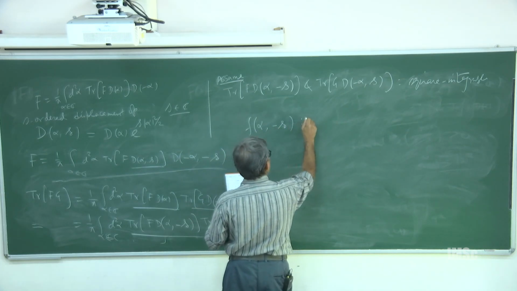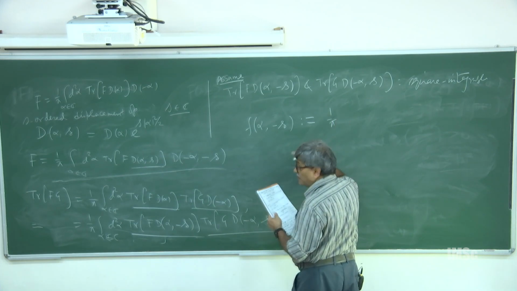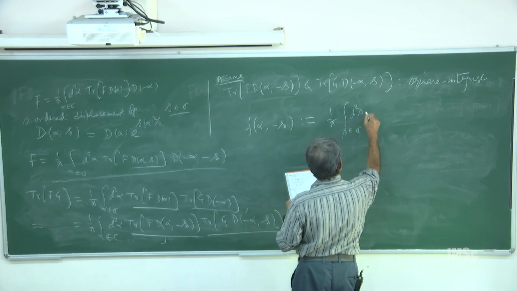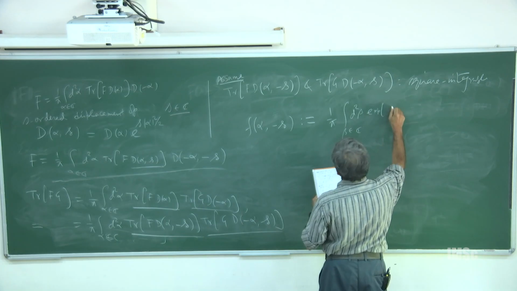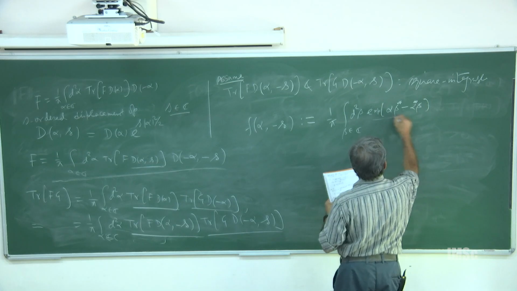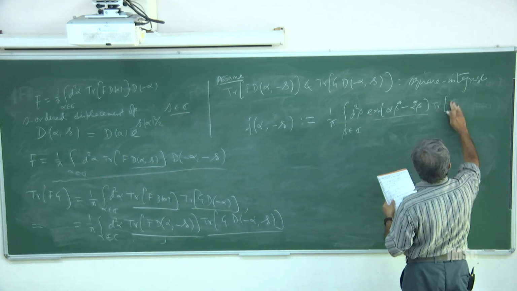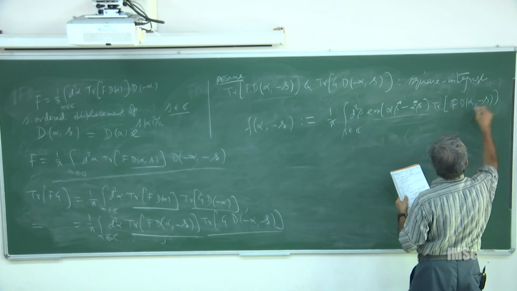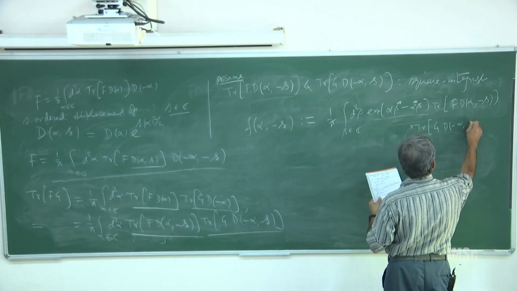This is my definition, the Fourier transform: 1 upon pi, this is a complex Fourier transform, integral over beta belonging to C, d square beta, exponential of alpha beta star minus alpha star beta, times trace of f D of alpha minus s.